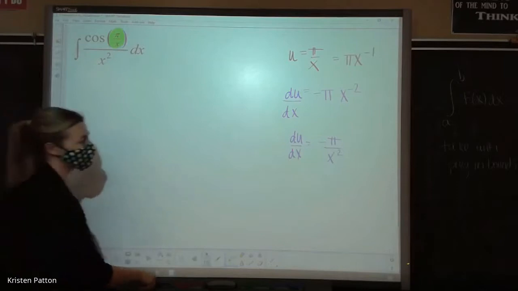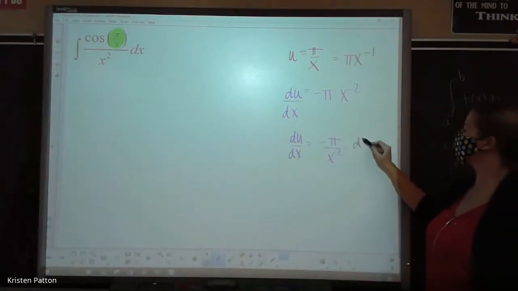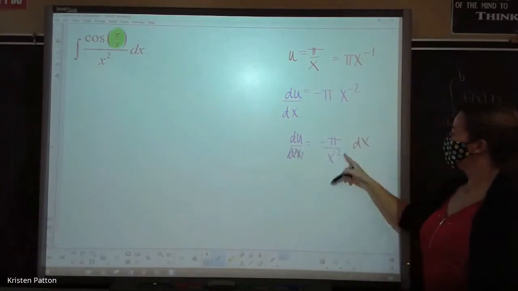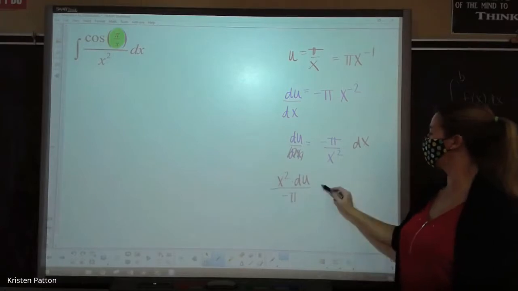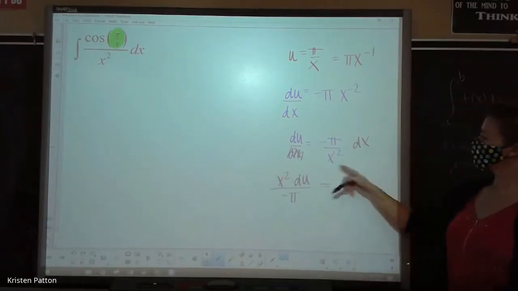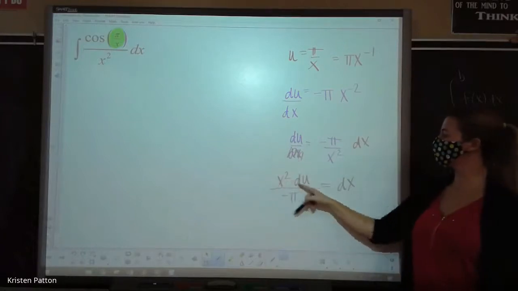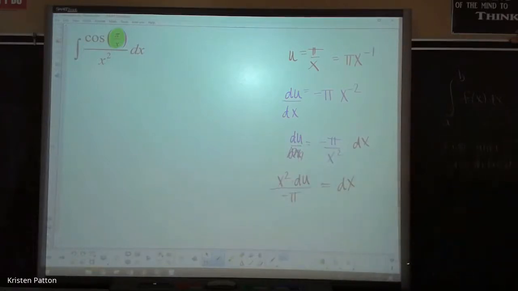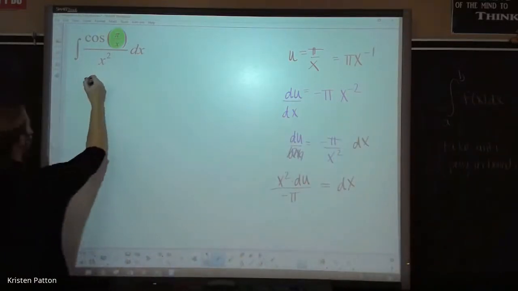Okay, so let's finish, because remember we said we want to get dx by itself. So let's see, if I multiply both sides by dx, maybe take the x squared over and then divide by negative pi. So I multiply both sides by dx, then I multiply both sides by x squared divided by negative pi. Just moving things around. All right, so here we go. We've got our integral.